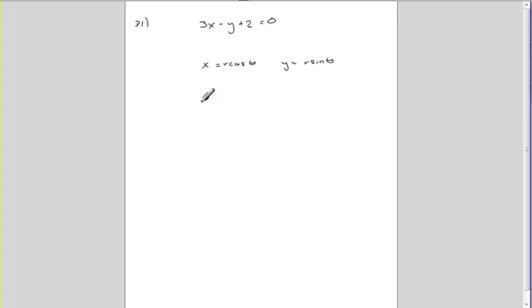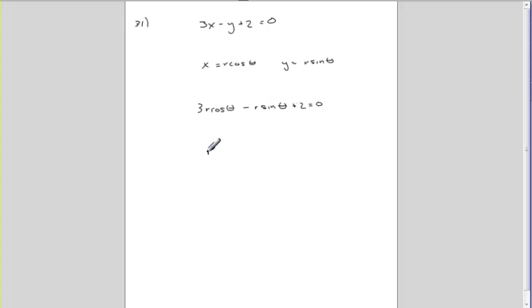So we put in 3r cosine theta minus, so y is r sine theta. So r sine theta plus 2 is equal to 0.